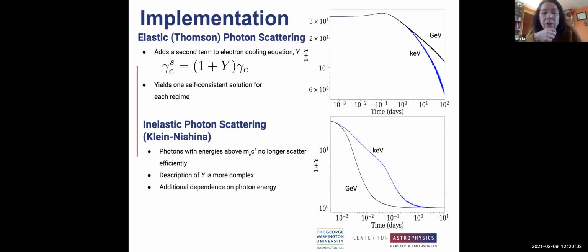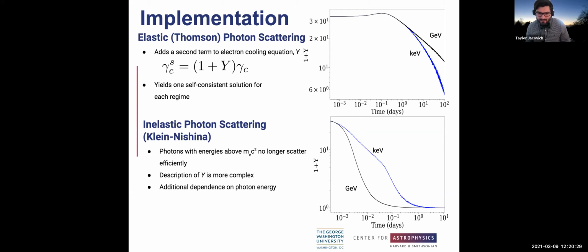Sorry, can you tell us exactly what you're plotting on this? Because this is time versus the number, or is this just cooling, or what is on the light curves exactly? So this y parameter is the integrated power of the Synchrotron-Self Compton emission versus the synchrotron only emission.